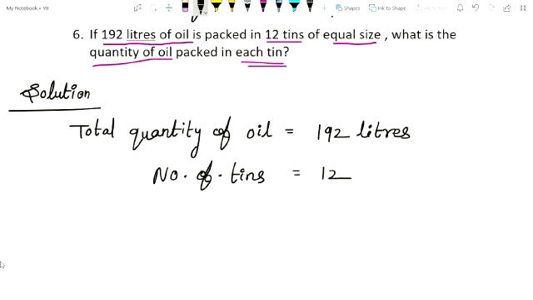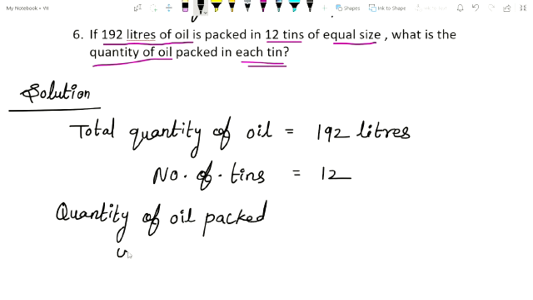So we need to find out quantity of oil packed in each tin. Quantity of oil packed in each tin equal to, what do you want to do, children? We have to divide 192 divided by 12.